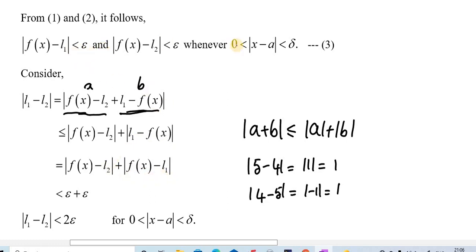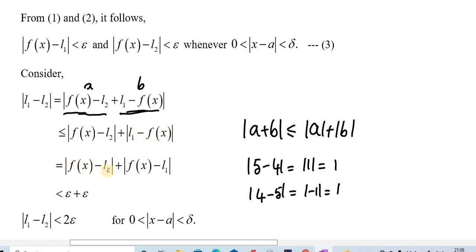But we have equation 3. From this we can easily write modulus of f of x minus L2 is less than epsilon. Modulus of f of x minus L1 is less than epsilon. Here observe, this modulus is less than or equal to this one.